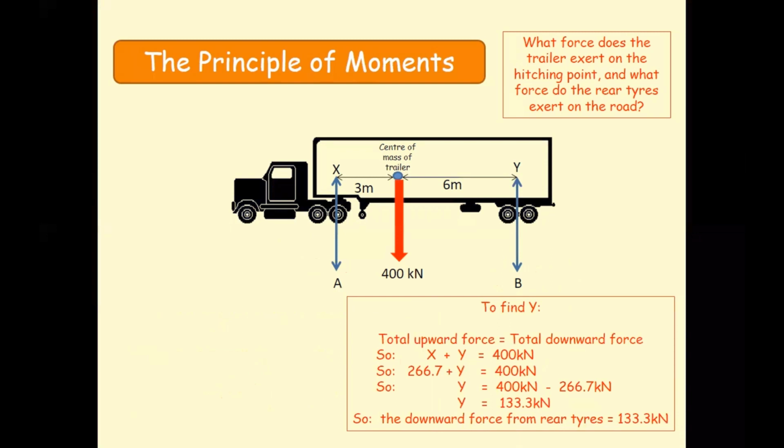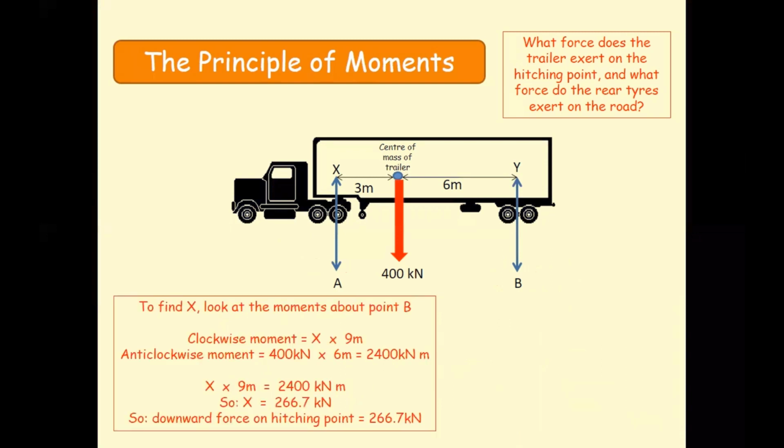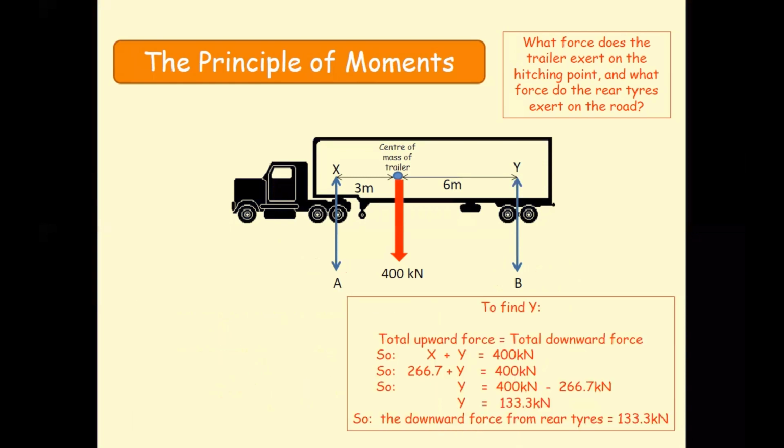So total force, that's x plus y, equals the total downward force, that is 400 kilonewtons, which we have calculated earlier. Okay, the anti-clockwise moment that we calculated. So simply through mathematical formula calculation, we can easily get the value of y as well. And this type of numericals are very important from the paper point of view.